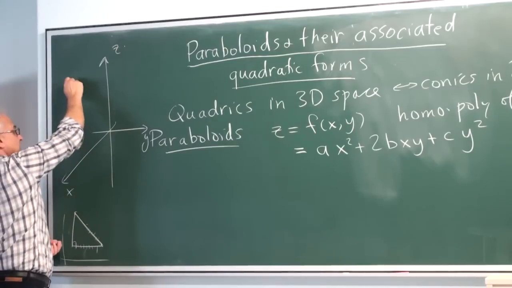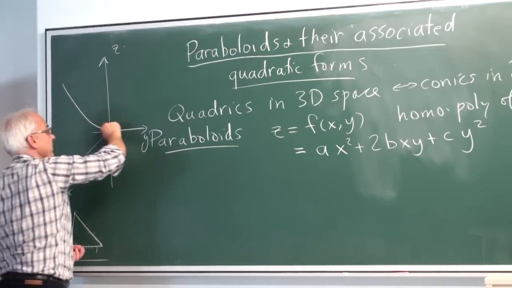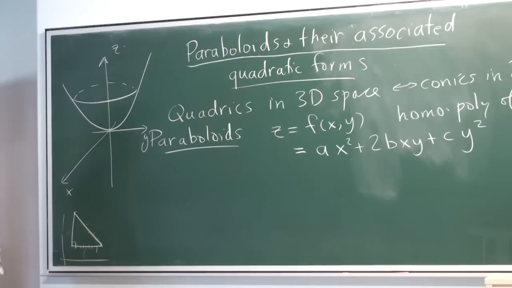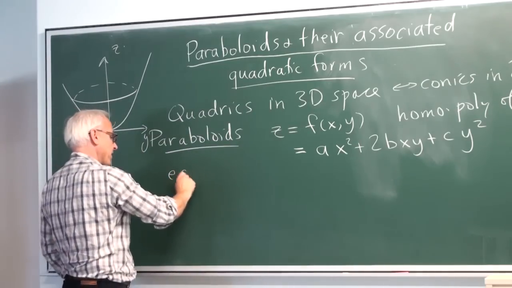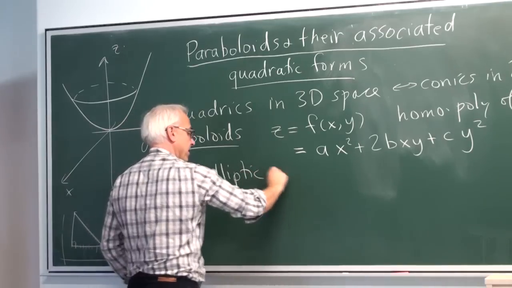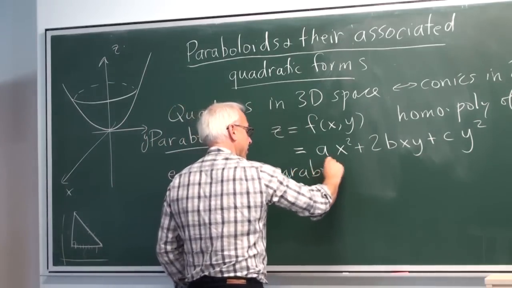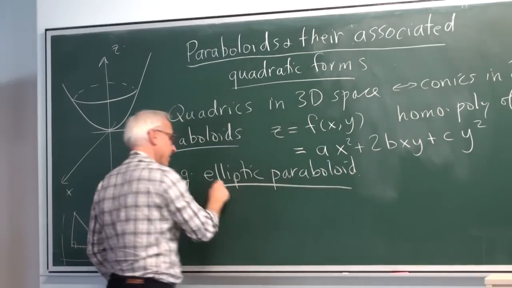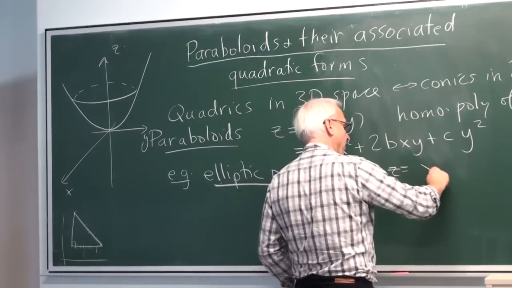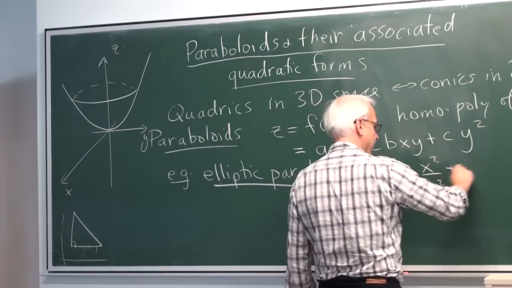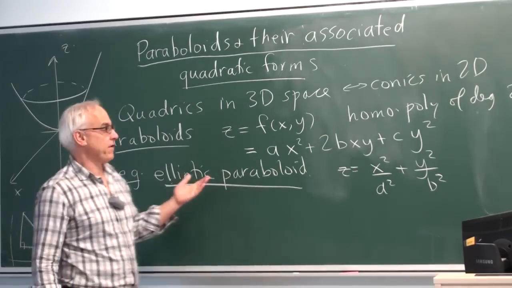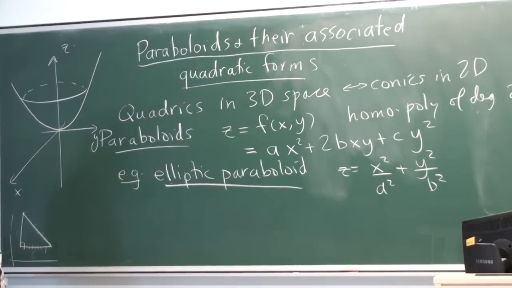And, well, there's various possibilities. So the first, simplest kind is something that looks like this. Okay, so that's the first example. It's called an elliptic paraboloid. It has an equation of something like z equals x squared over a squared, say, plus y squared over b squared. That would be an example of an elliptic paraboloid.